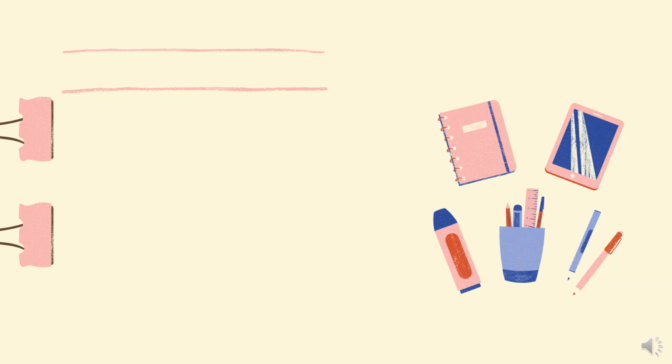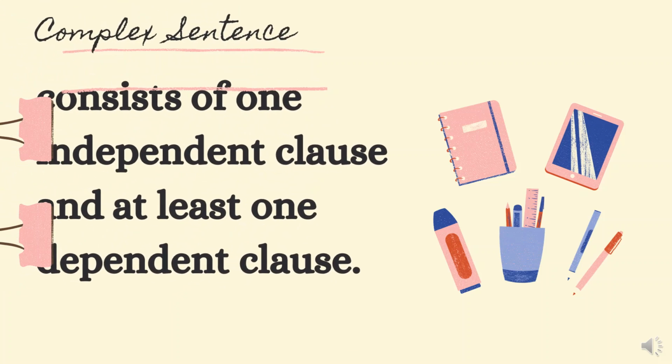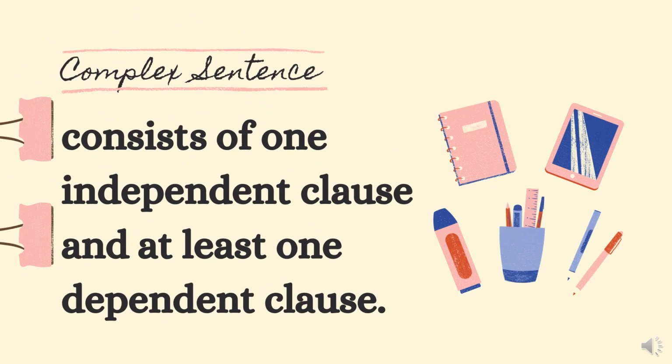An effective way to link cause and effect ideas is by means of complex sentences. A complex sentence consists of one independent clause and at least one dependent clause. These clauses are joined by subordinate conjunctions to show clear and precise relationship.